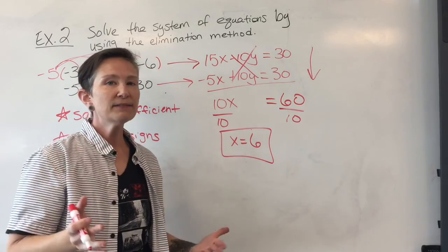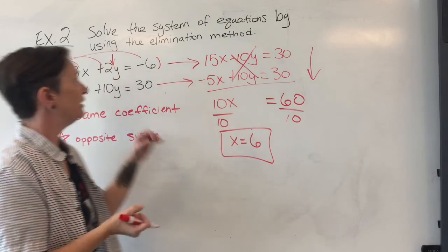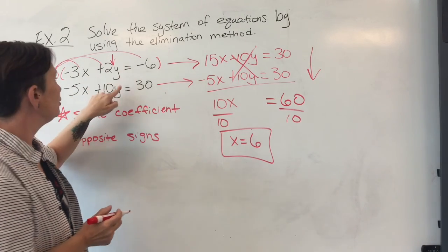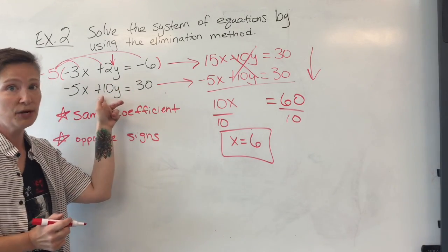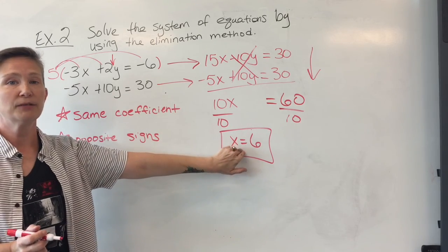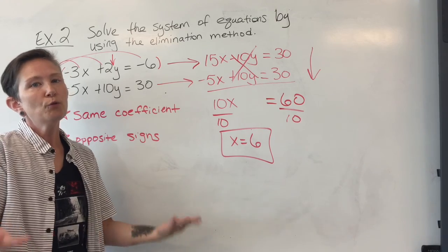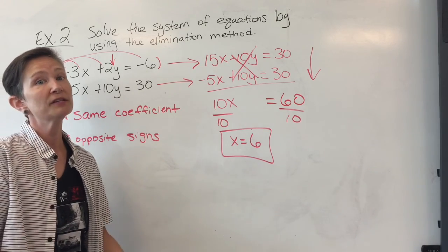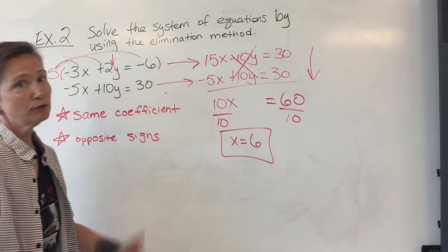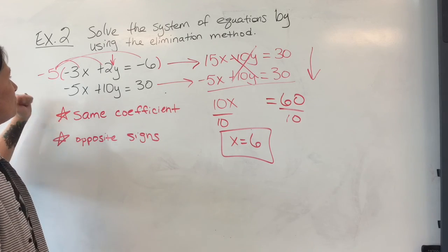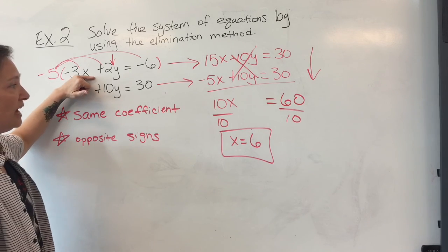Once I get my x value, I can choose either the original top equation or the original second equation to substitute my x equals 6 back into. Again, whatever's easier for you works. It doesn't matter. You should get the same answer regardless of which equation you choose. So I think I'm just going to go with this top equation.